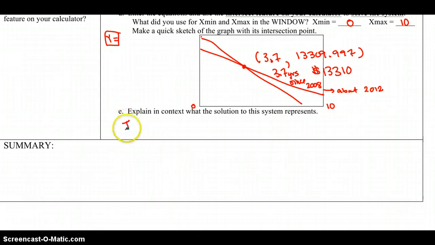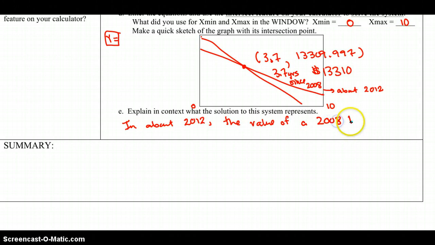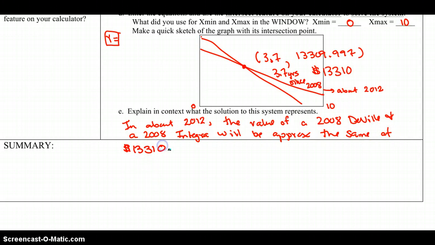So in about 2012, the value of a 2008 DeVille and a 2008 Integra would be approximately the same at around $13,310.